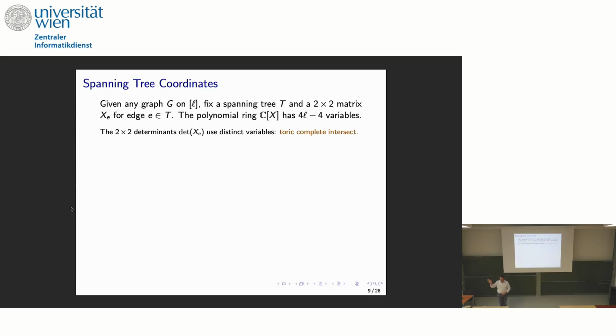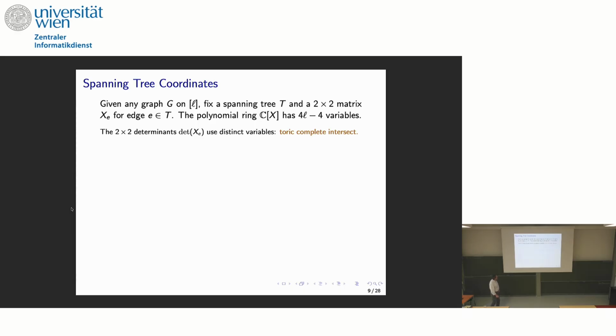So forget everything I said so far. You have a connected graph G, fix a spanning tree T, and for each edge in the spanning tree, you introduce a 2 by 2 matrix of variables, different variables. Well, now the spanning tree, of course, has L minus 1 edges. So therefore, we have a polynomial ring in all of these matrix entries that has 4L minus 4 variables.